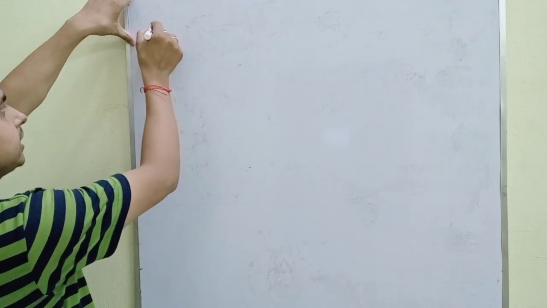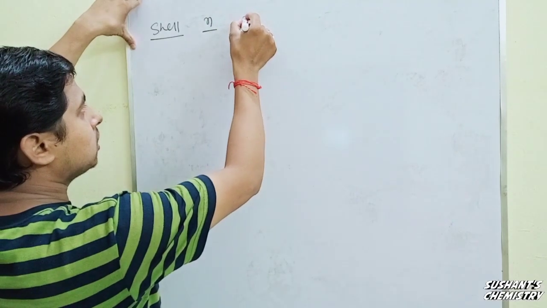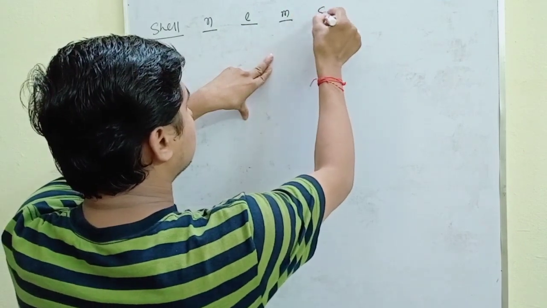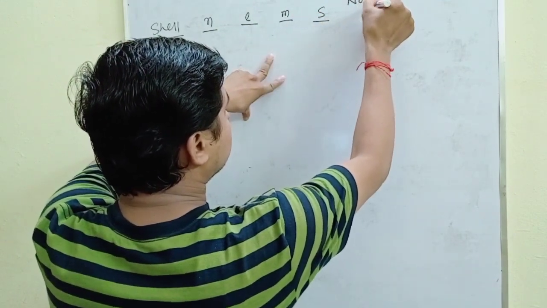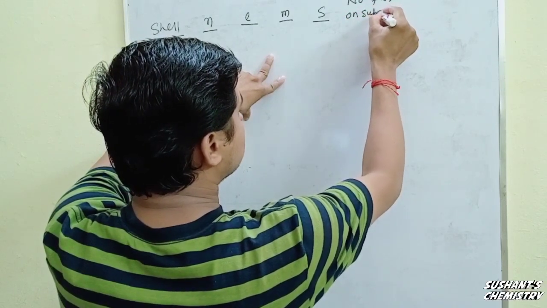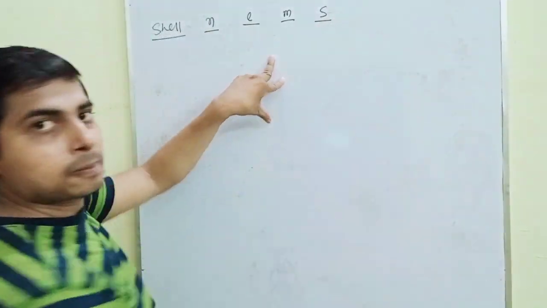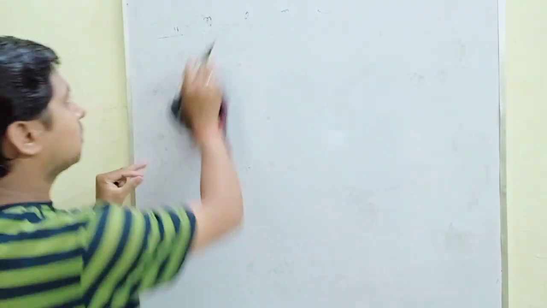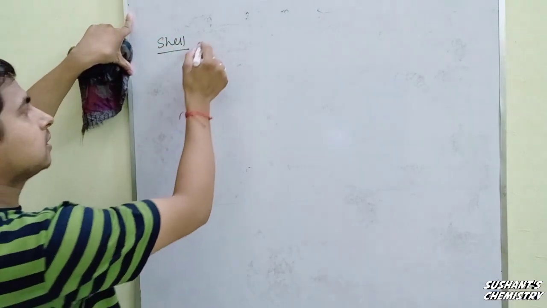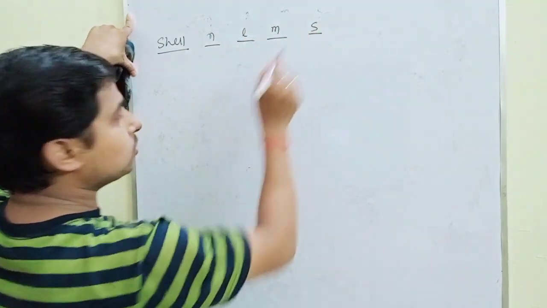For example, that is cell, that is n value, that is L value, that is M value, that is S value.